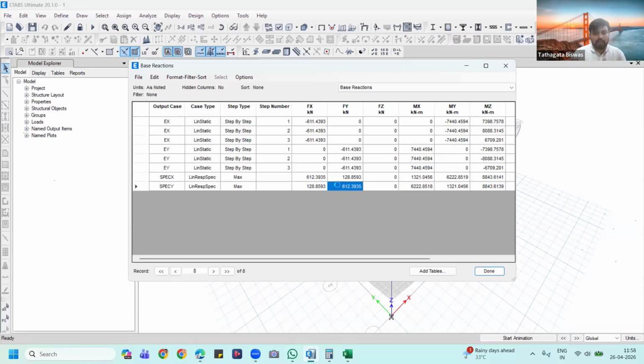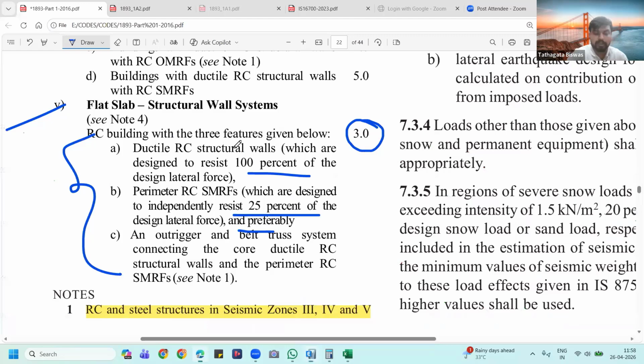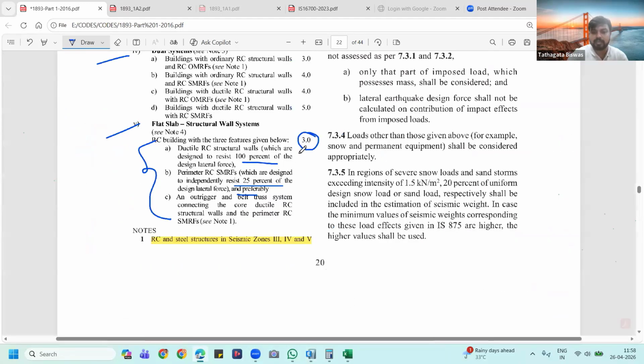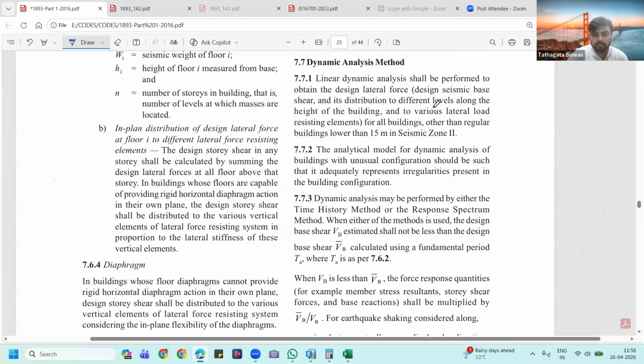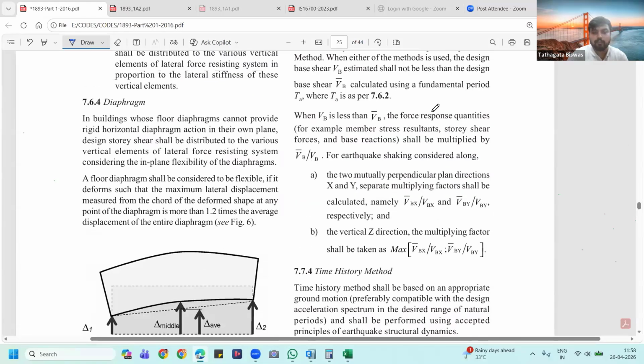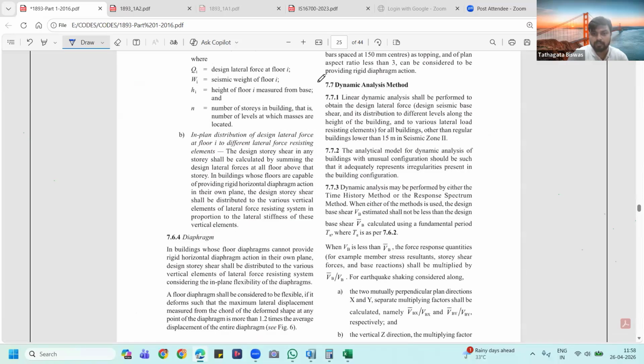There is a place in 7.7.6.2, if I am not mistaken, in this code, a clause that tells where you need to do the dynamic analysis. It is not like everywhere you need to do the dynamic analysis. So this is page number 23. If you go to clause 7.7.1, this clause tells you where you need to do the dynamic analysis. If there is a small structure within 15-meter height in seismic zone 2, you don't need to do dynamic. Only static base shear analysis is enough.